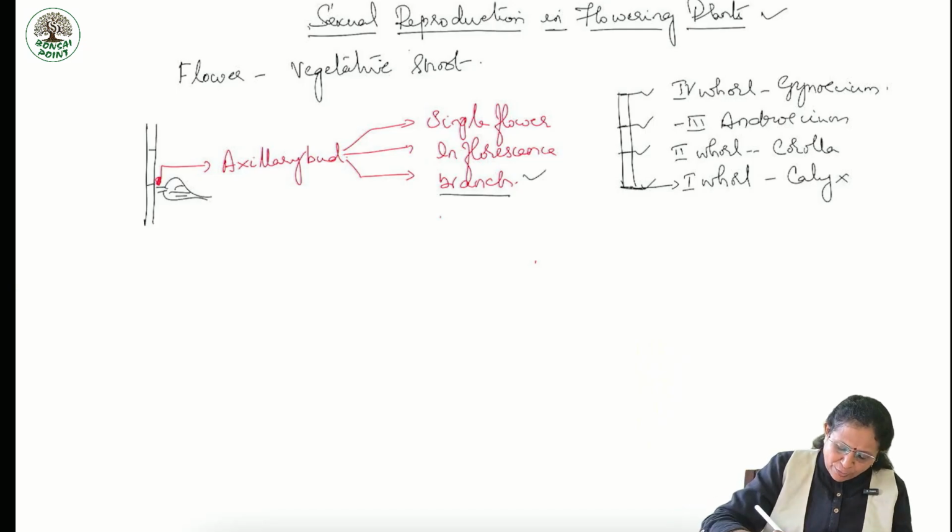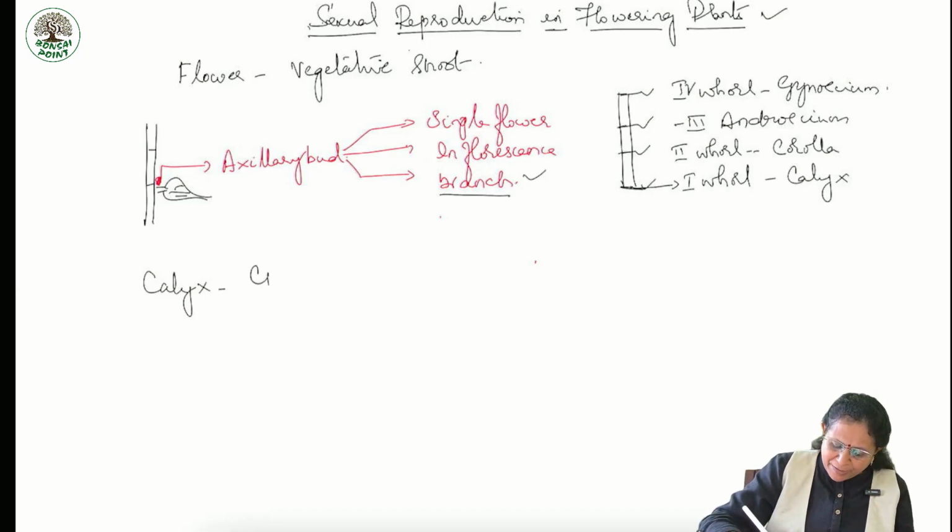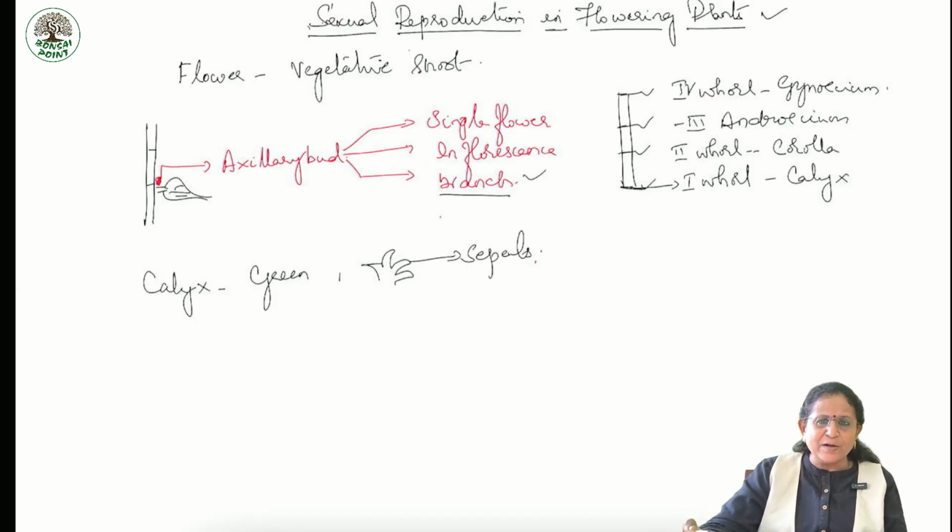The first whorl, that is calyx, appears to be green in color. Its individual units are called sepals. What is the individual unit of calyx called? Sepal. Thereby we can say collection of sepals is calyx.